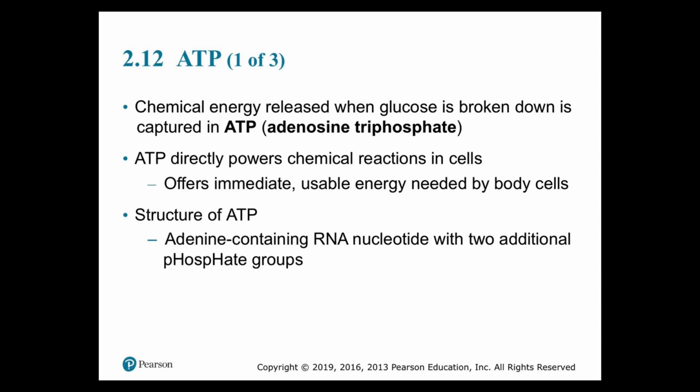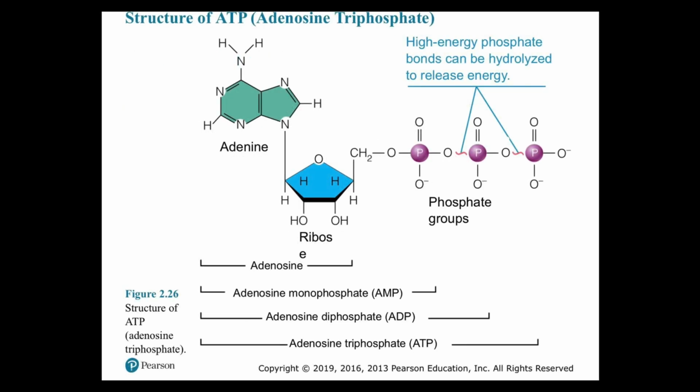So the structure of ATP is an adenine-containing RNA nucleotide with 2 additional phosphate groups, with a total of 3 phosphate groups. Figure 2.26 shows the structure of ATP, also known as adenosine triphosphate. Okay, so we recognize the adenine, that's why it's called adenosine.